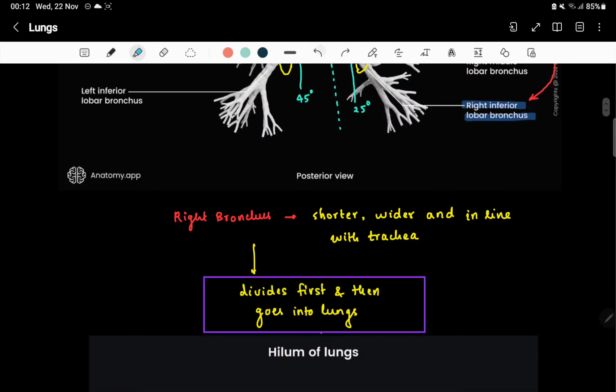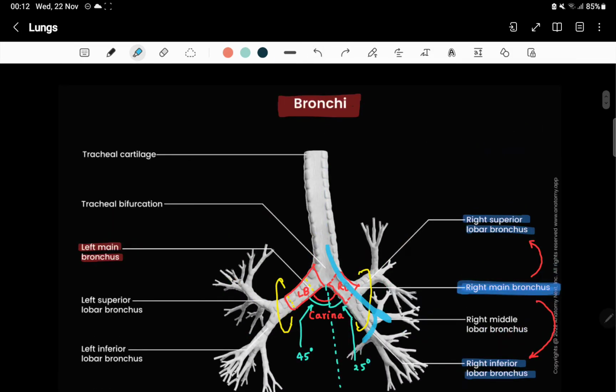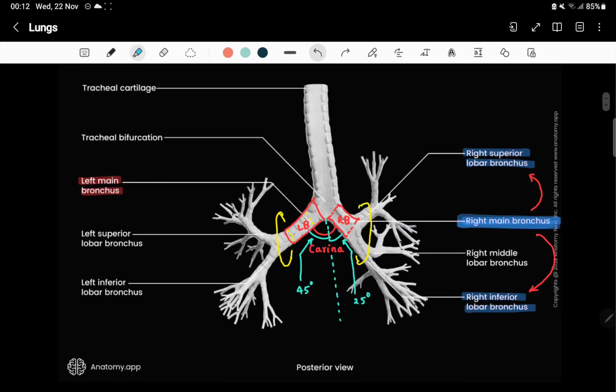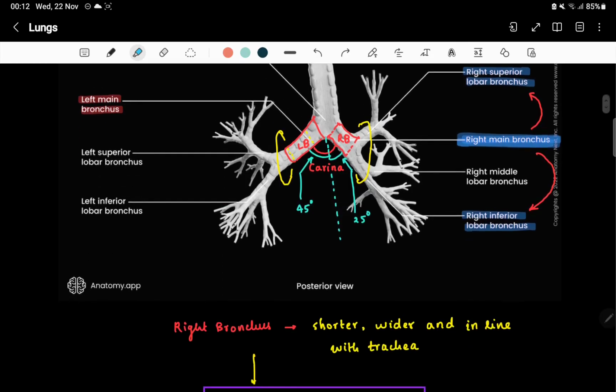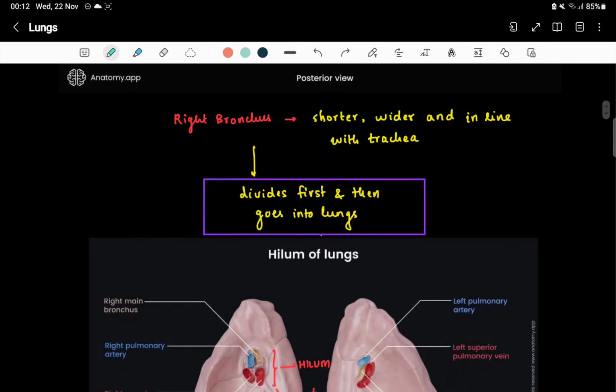Thus the right bronchus is very prone to infections. If a foreign particle is invading, it has more chances to go into the right bronchus, so your right lung is more prone to infections. You can write that it is shorter, wider, and in line with the trachea.